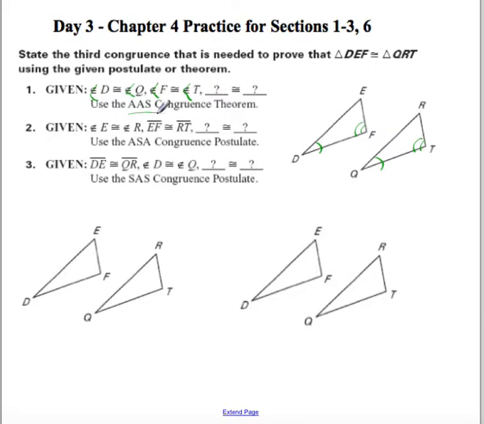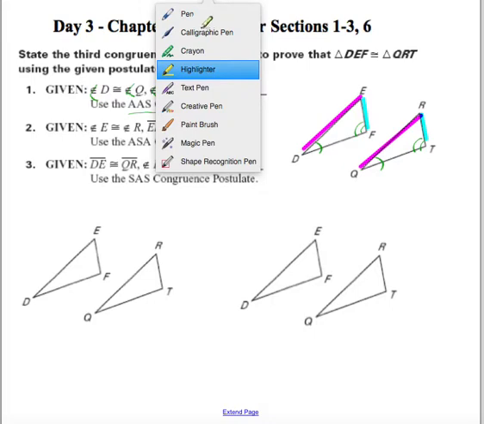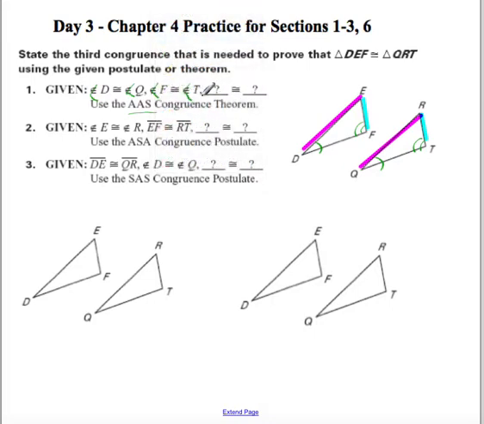Angle, angle, side. This means that the side we choose cannot be included. It's not going to be the angle that's between the sides. So it can be EF and RT because that's not included between the sides, or it could actually be DE and QR. This one has 2 correct answers, so I'm going to list both of them.